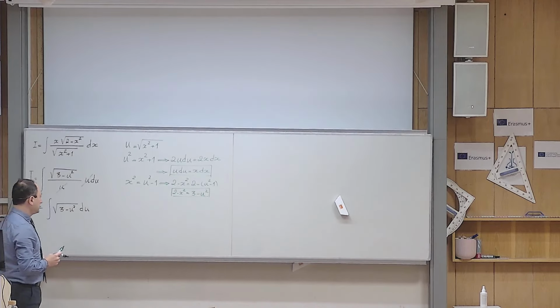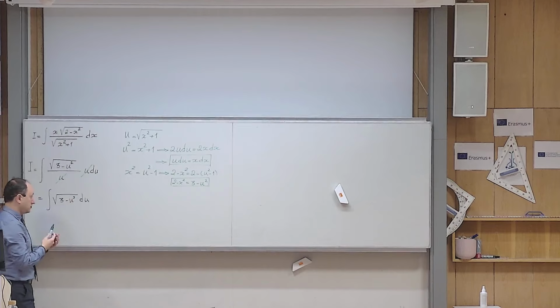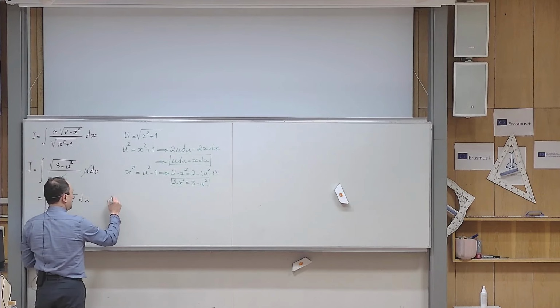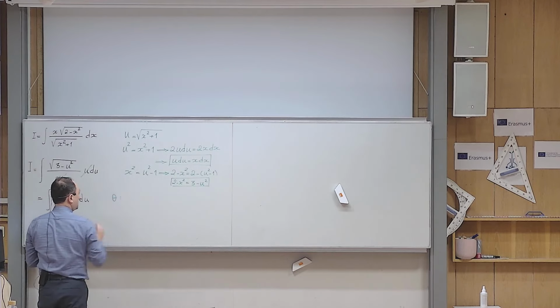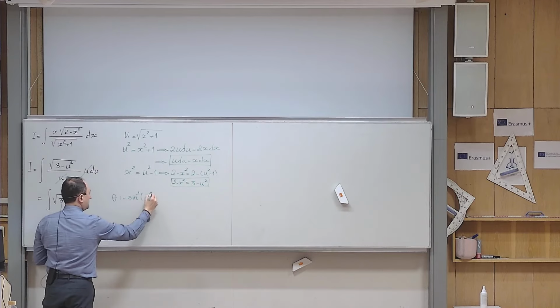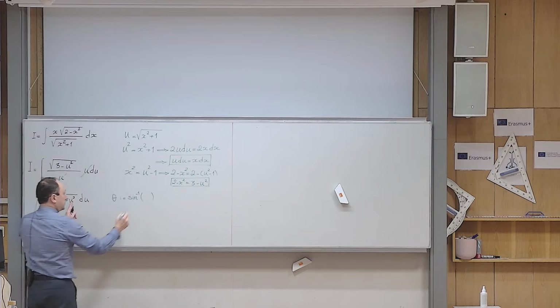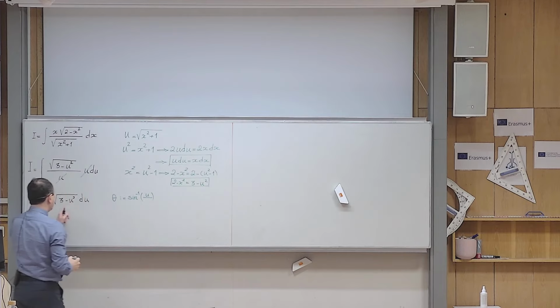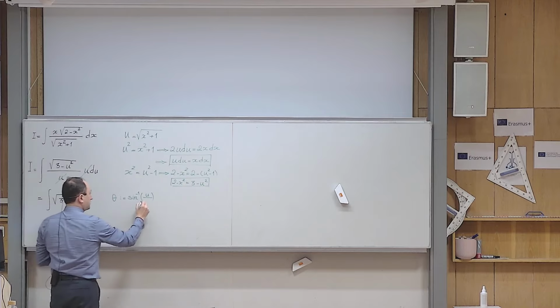If I want to introduce the trigonometric substitution, it should be like this. I will introduce the variable theta to be sine inverse of u divided by the square root of 3.